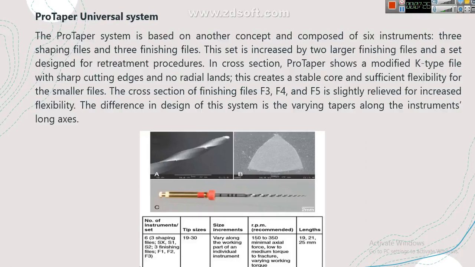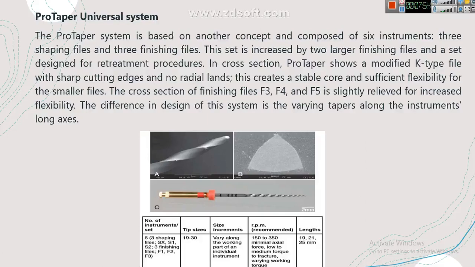In cross section, ProTaper shows a modified K-type file with sharp cutting edges and no radial lands. If you look, the tip is quite sharp, so this one is designed for cutting purposes, removing the dentinal wall through the intracanal system.